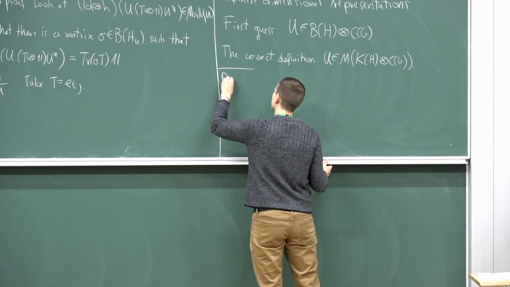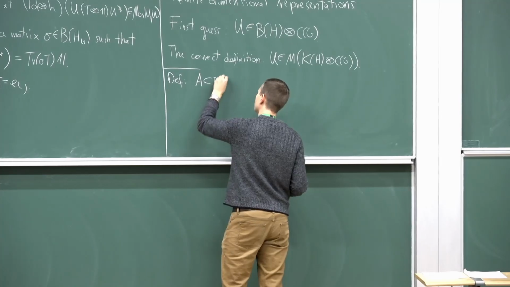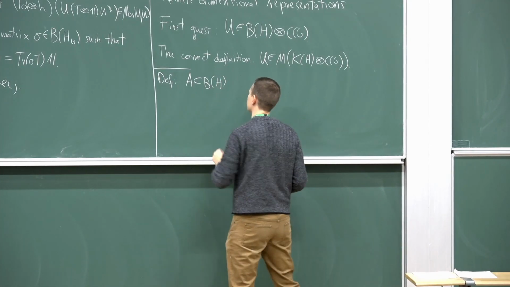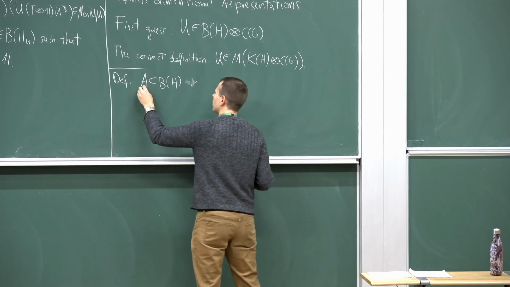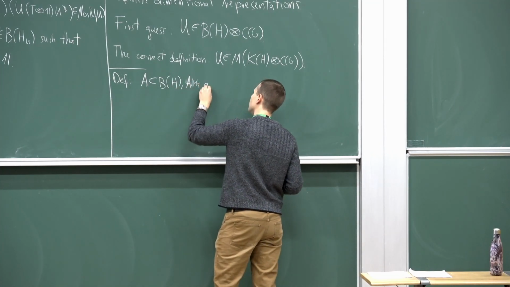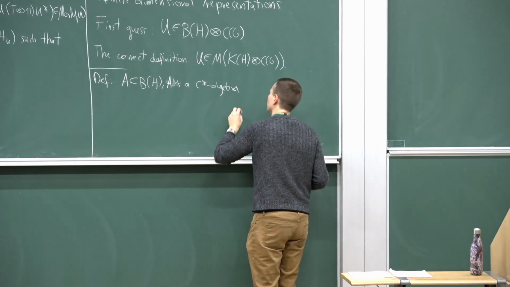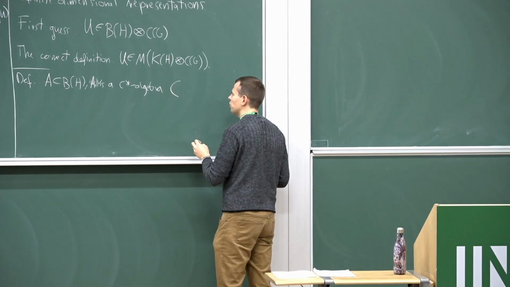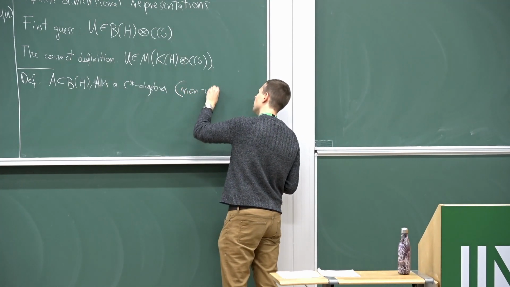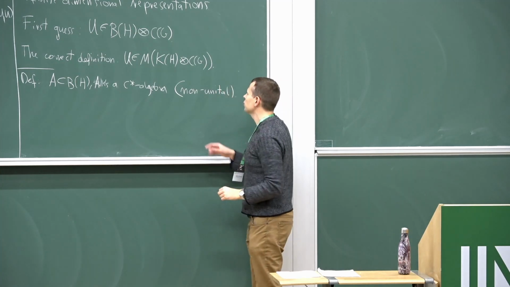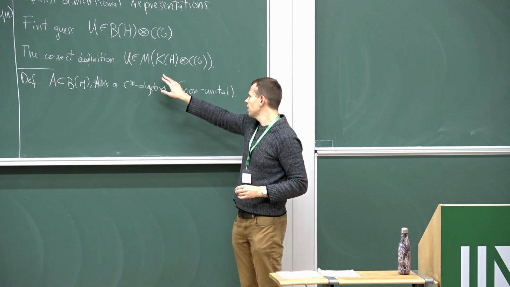So A is a C-star algebra inside some B(H). For this definition to be non-trivial, we want A to be non-unital. Just like the compact operators, they don't contain the identity. This is a non-unital C-star algebra.